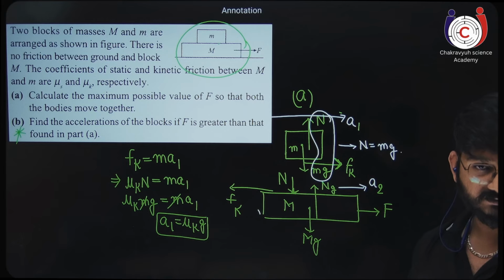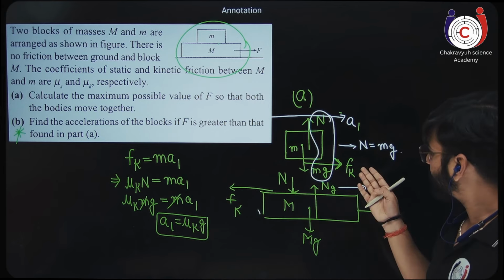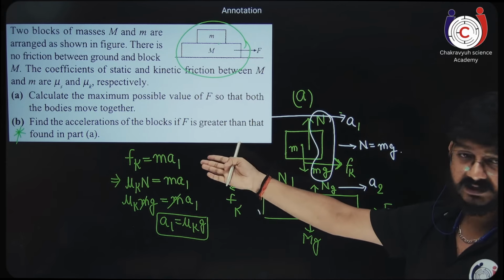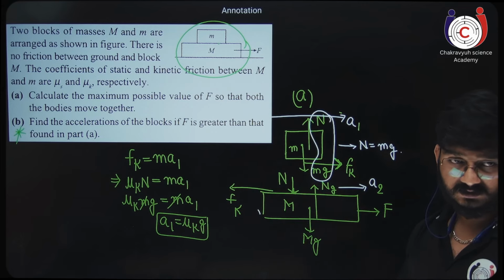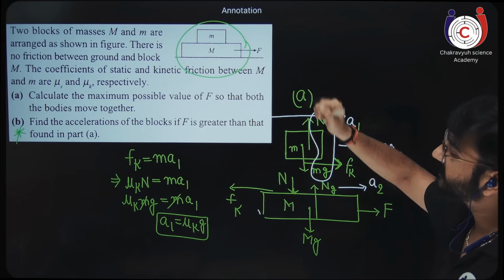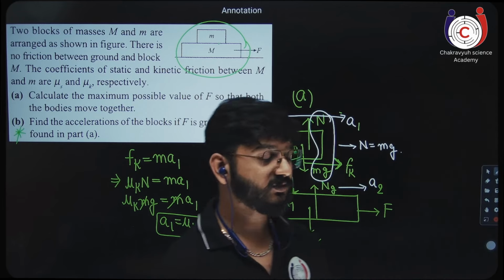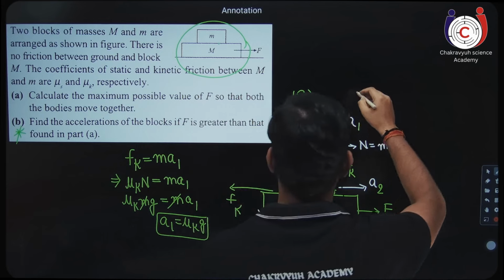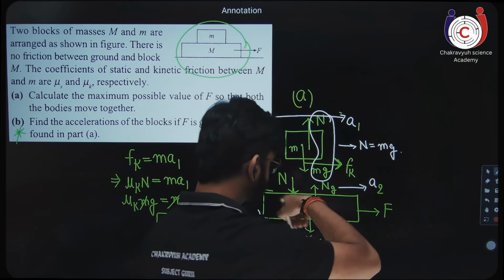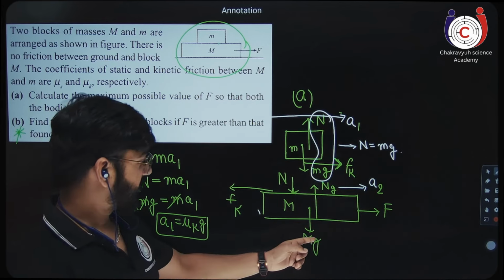Any doubt? The force which is responsible for moving this is Fk, mass into acceleration. This time we are applying a force greater than the previous one. That is the reason both of them have different acceleration, A1 and A2, not common. Now, for the second block, all of you see the force. What is the net force?